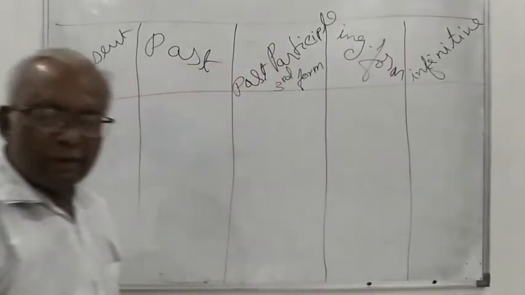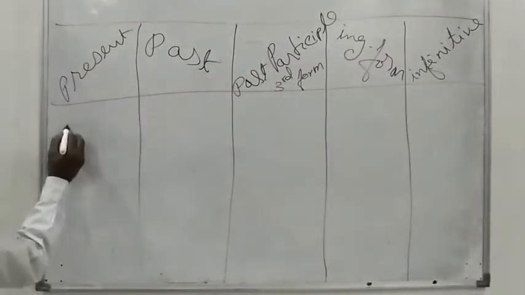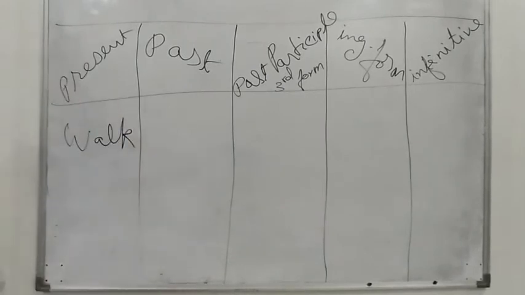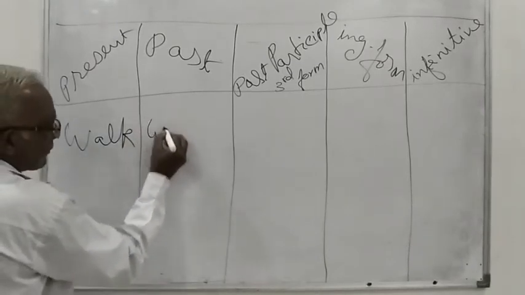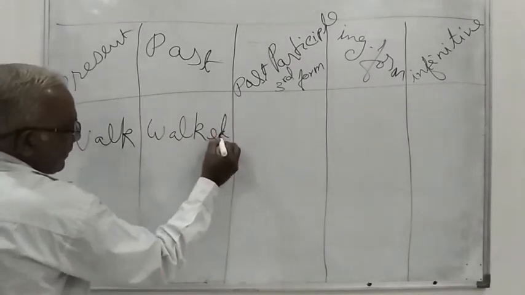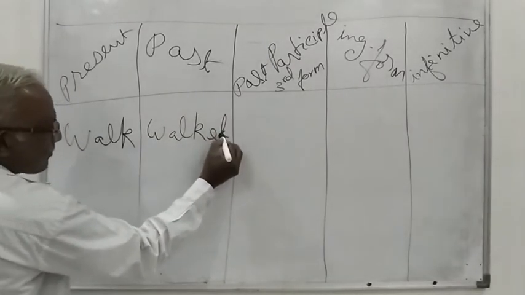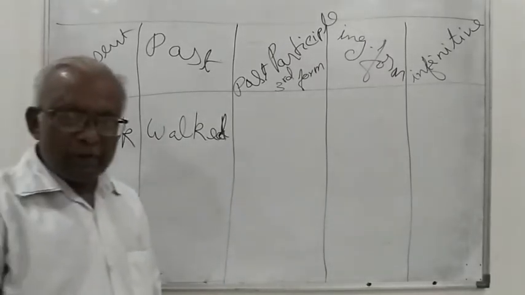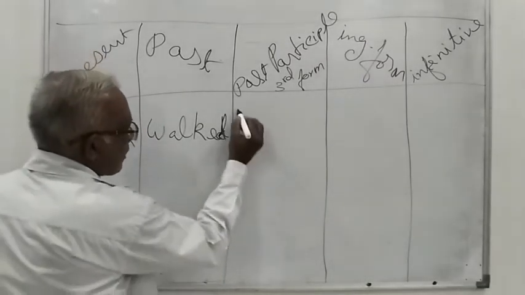Right. Now let us take the verb walk. It is a regular verb, and therefore its past tense will be made by adding ed at the end of it. Walked. Its past participle again is walked.